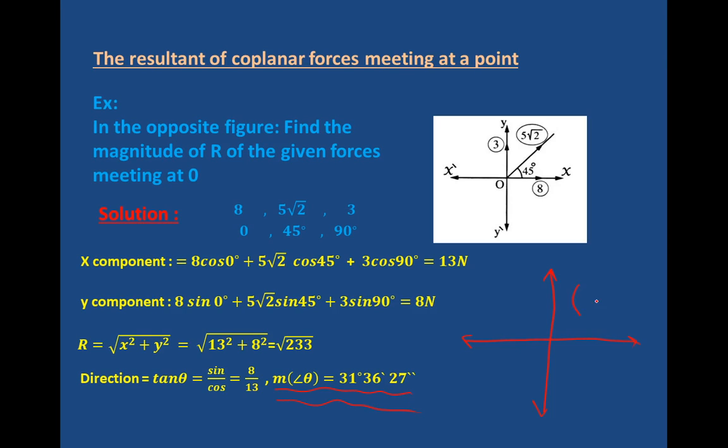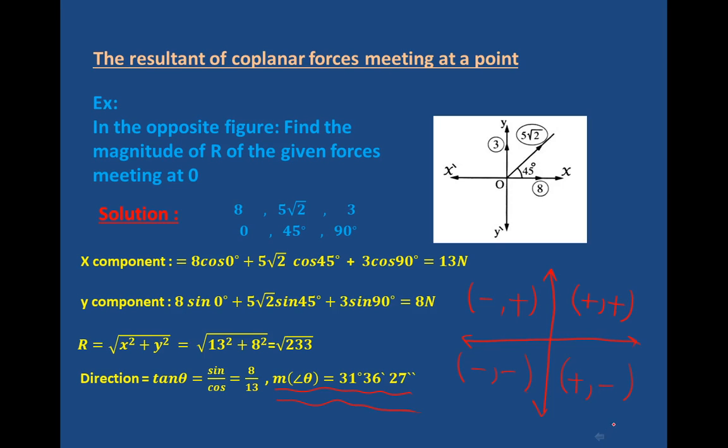In the first quadrant, x is a positive value, also y is a positive value. In the second quadrant, x is negative and y positive. In the third quadrant, both values are negative, and in the fourth quadrant, the x component is positive and the y component is negative.